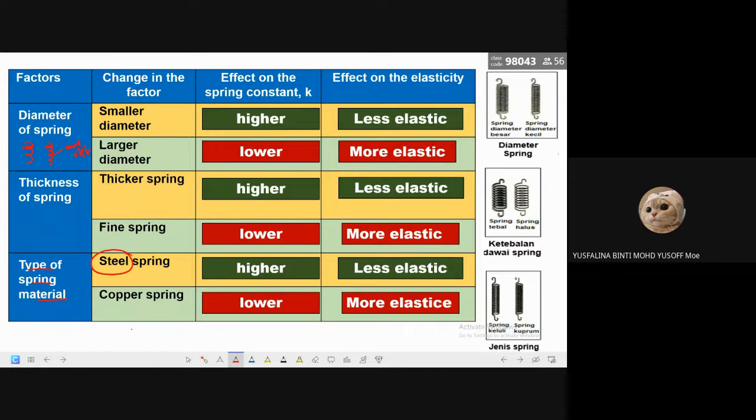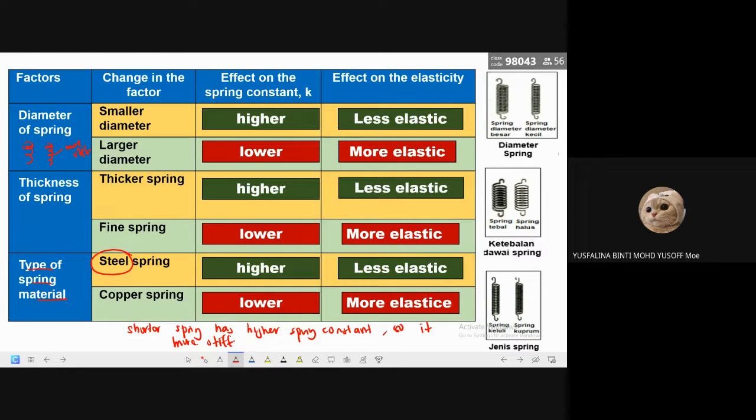The shorter spring has a higher spring constant, so it's more stiff. So there are four factors.